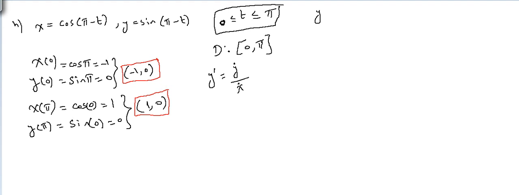Let's find y dot. Y dot is equal to the derivative of sine of pi minus t. So it's cosine of pi minus t times the derivative of pi minus t, which is the derivative of minus t, because pi is constant, which is minus 1. And x dot is the derivative of cosine of pi minus t, which is minus sine of pi minus t, times the derivative of pi minus t, which is minus 1, and it will be plus.